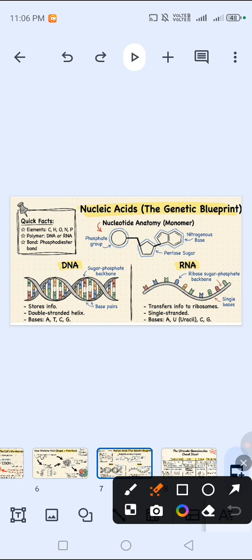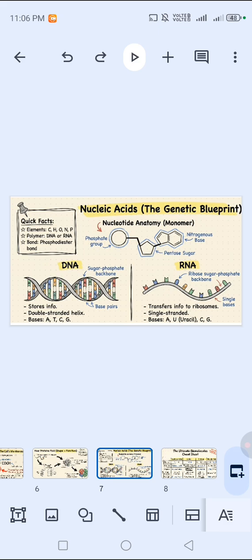So this is the monomer. The polymer, you can see here, is the combination of monomers, the DNA and the RNA. It's very important. Okay, so this is just an overview.